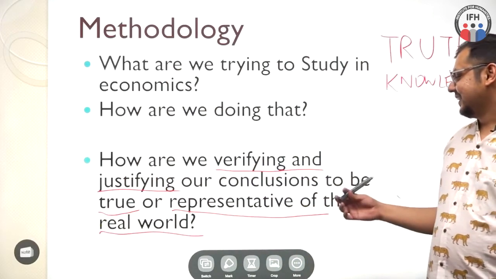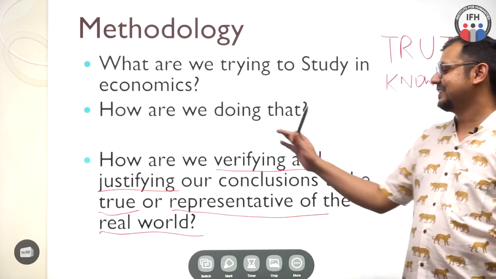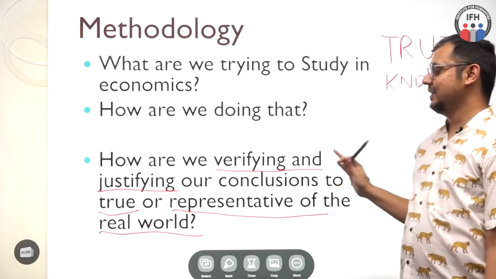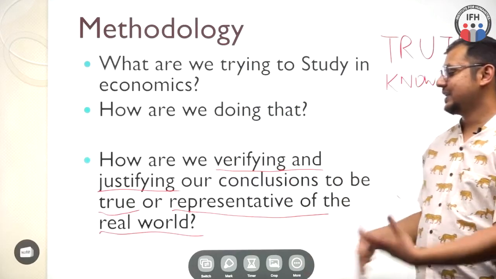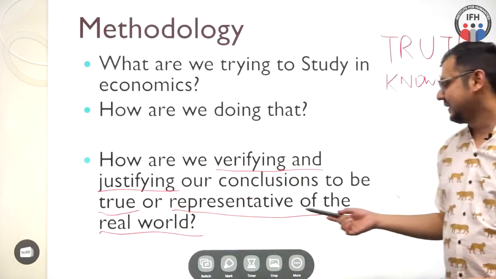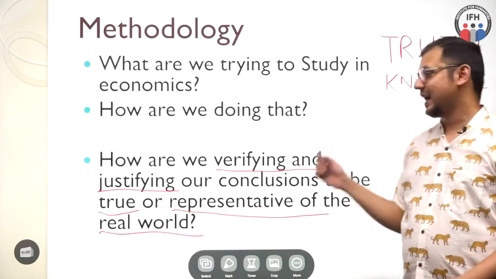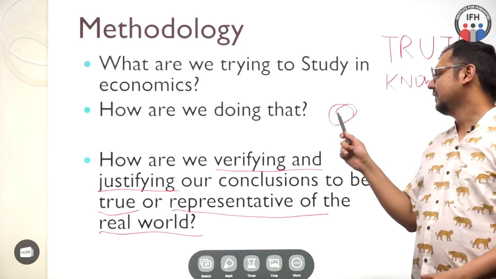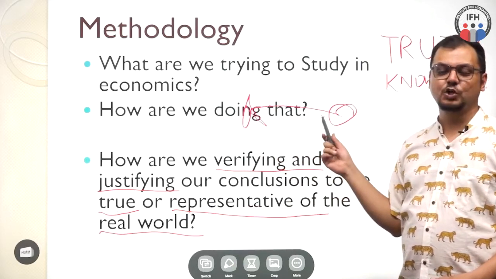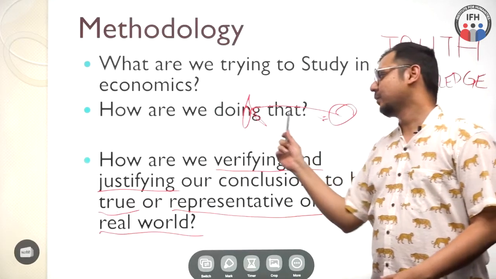But essentially, we are talking about how we are answering this question, and when we reach a conclusion, how good is our method in understanding whether something is true or representative of the real world, which means whether our conclusion from a model is what is actually happening in the real world with people. When we are predicting human behavior through a model, is that what is actually happening?